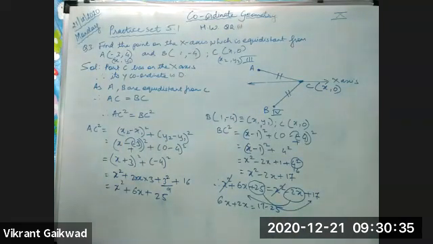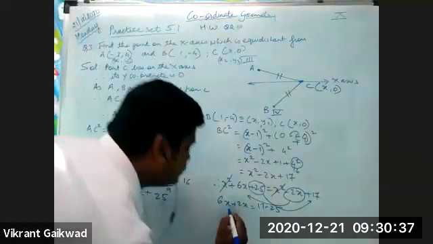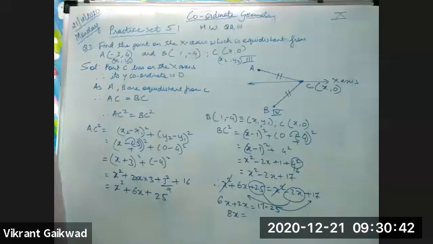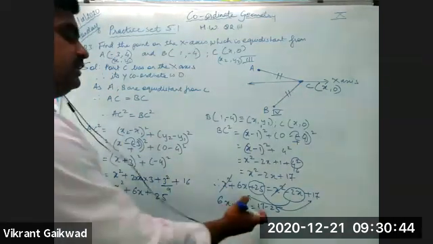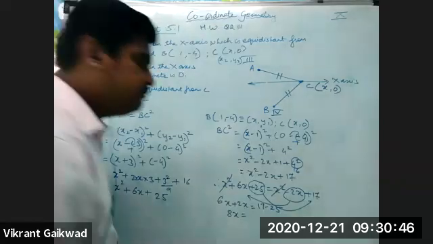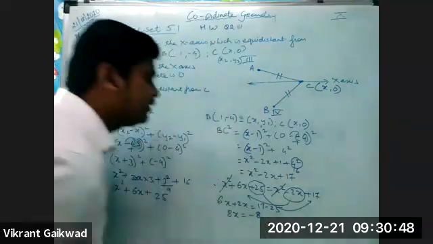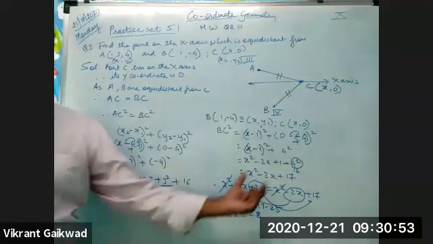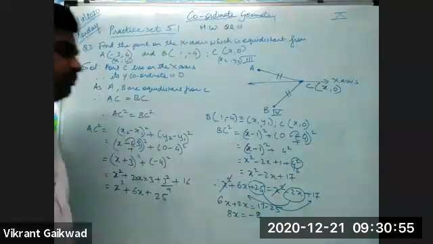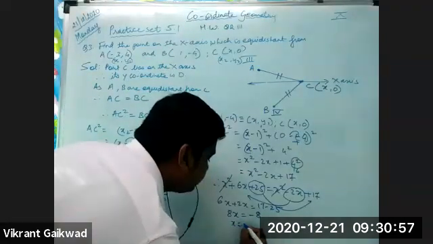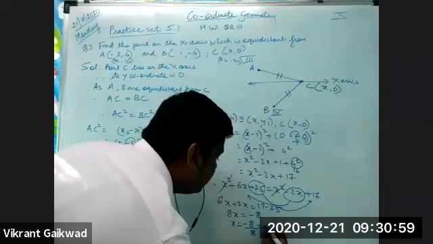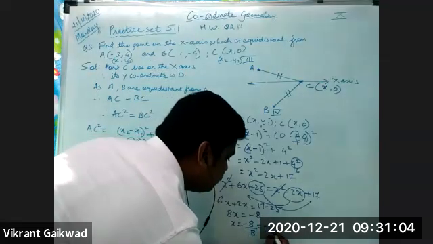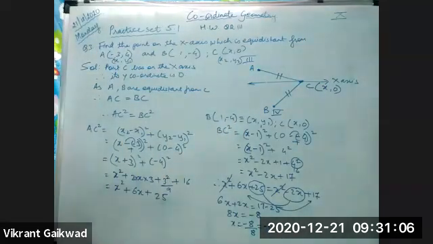So what is the answer now? 6x plus 2x, 8x equals 17 minus 25. Now 17 minus 25 is minus 8. So you'll get 8x equals minus 8. So the value of x is minus 8 upon 8, that is equal to minus 1.